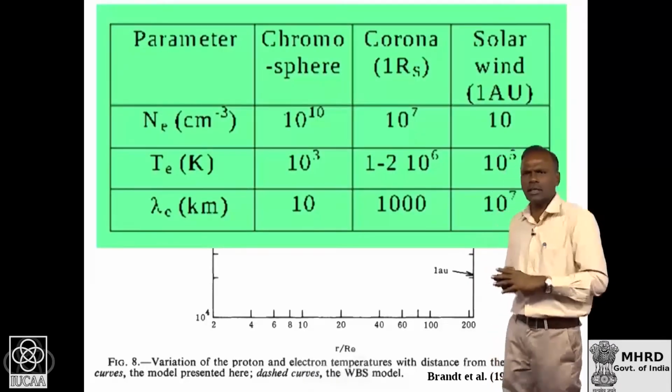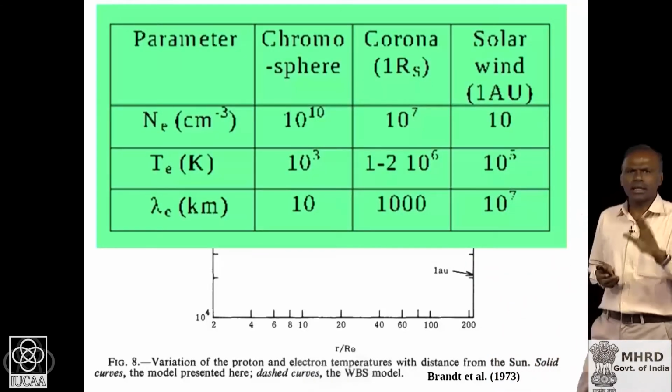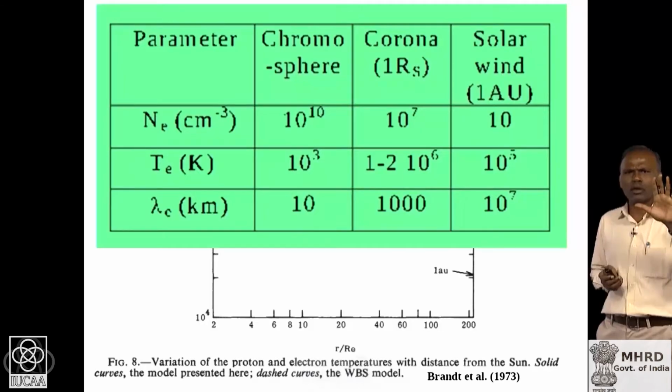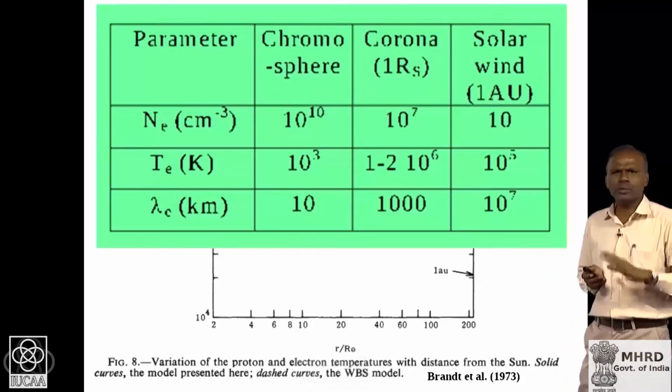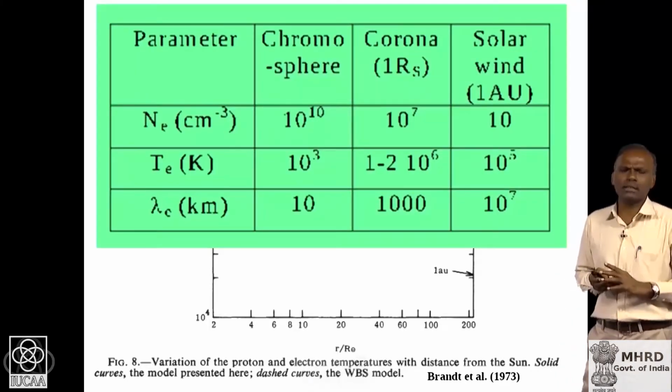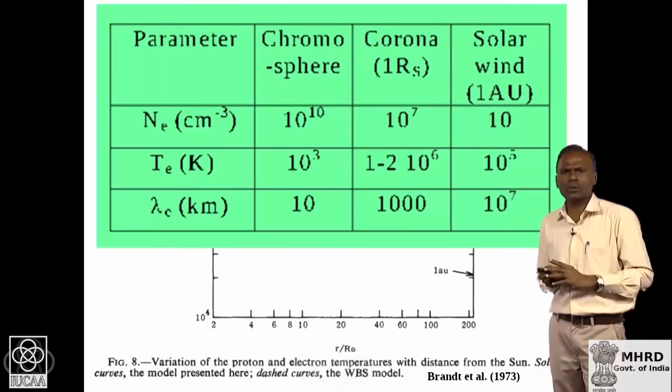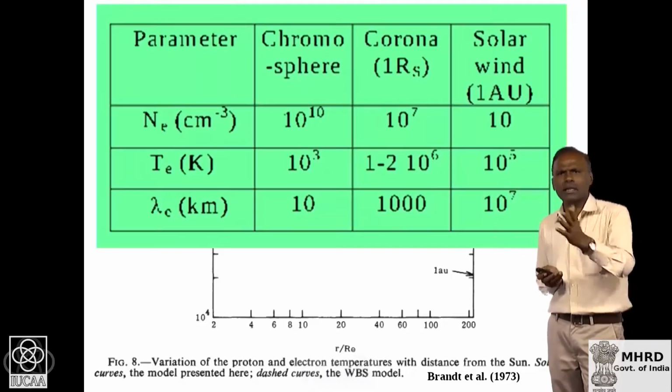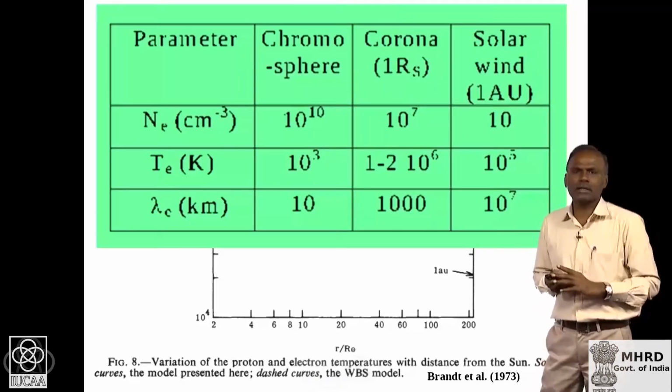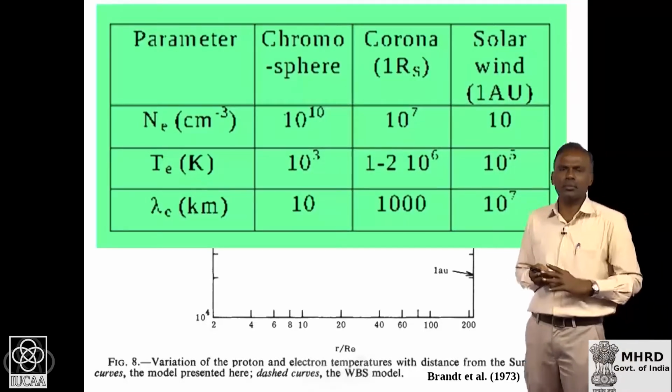So this graph also shows the density, electron temperature, and mean free path as we go away from the sun. Near the chromosphere, the density is something like 10 to the power of 10 per cc, and at about 1 solar radii, the density is 1000 times lower than the chromospheric density. At about 1 AU, the density falls off by a million times.